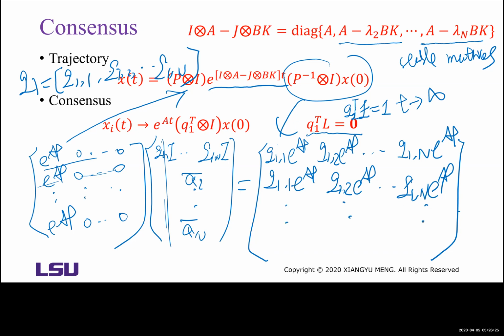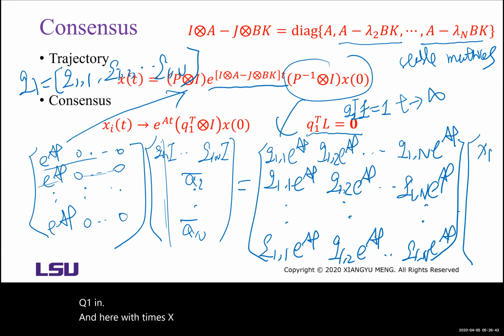Last row, Q11, Q12, Q1n. And here we multiply x1(0), x2(0) until xn(0).